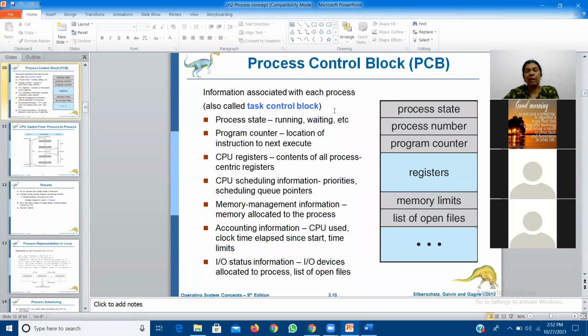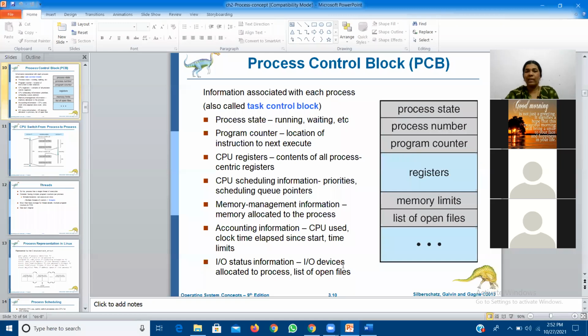So each process has its own process control block. Next, the last data maintained by the operating system with respect to a process as a part of PCB is IO status information. That is, which input output devices are used by or allocated to this process, and the list of open files.